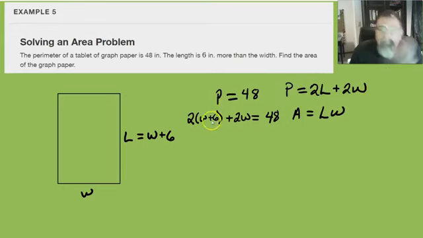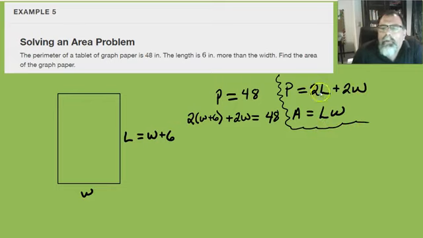Now we want to solve this equation. Perimeter is 48. Perimeter is 2L plus 2W. We knew the length is 6 more than the width, so I'm going to put in 2 times W plus 6. Solve this equation. So 2W plus 12.